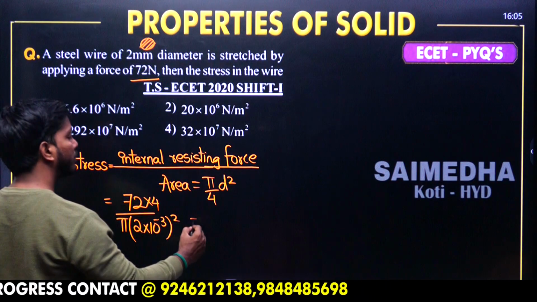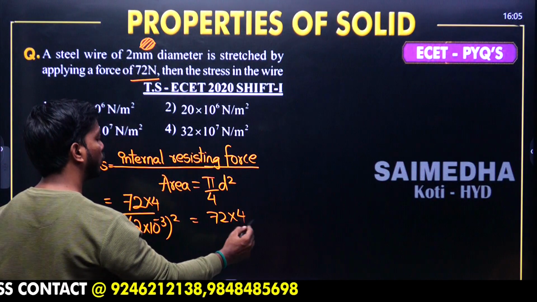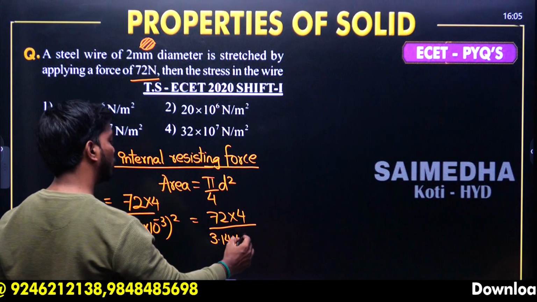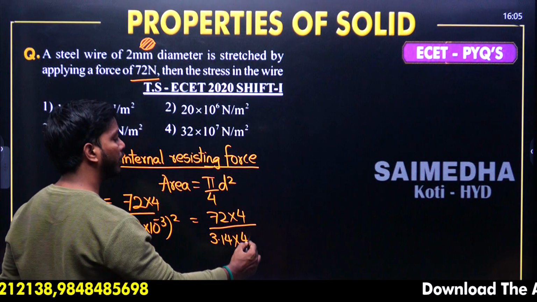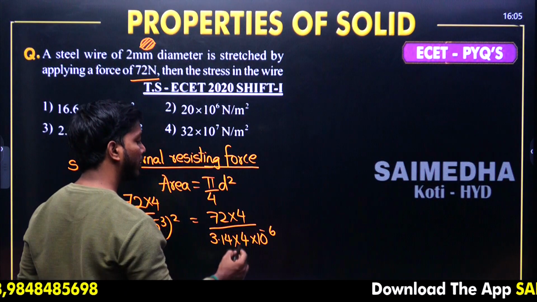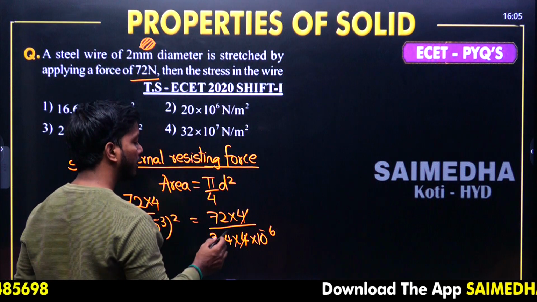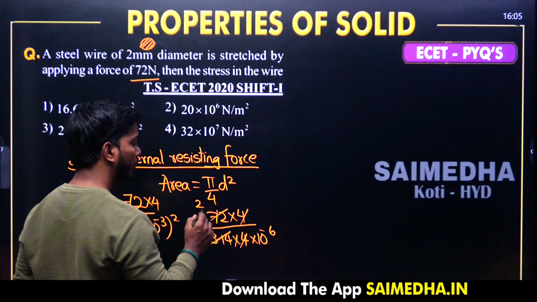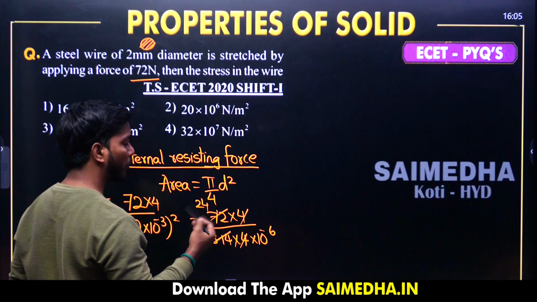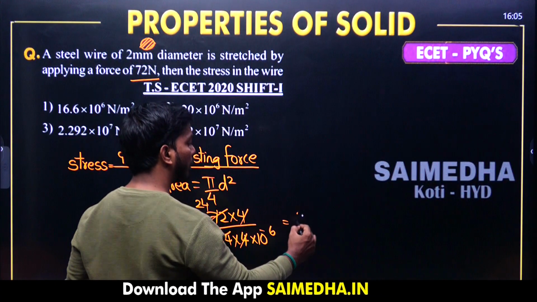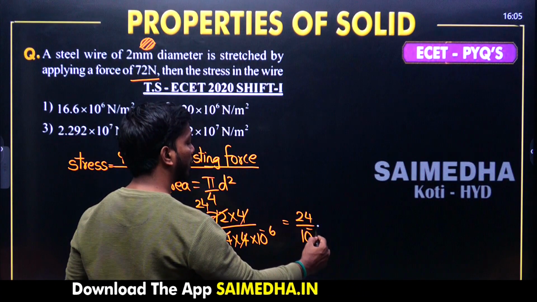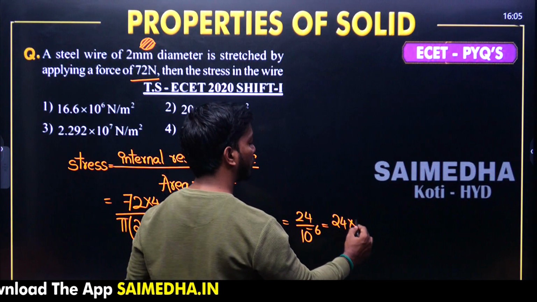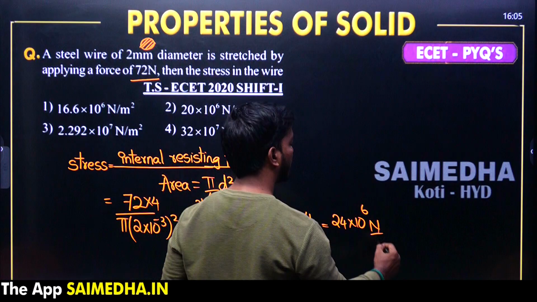Now we can say this is 72 times 4 divided by approximately 3.14 into 2 into 10 to the power of minus 3 squared, which will become 4 into 10 to the power of minus 6. This 4 gets cancelled. 3 1s are 3, 3 2s are 6, 1 is remaining, 3 4s are 12, so 24 approximate value I am writing. So this is going to become 24 divided by 10 to the power of minus 6, that can be written as 24 into 10 to the power of 6 Newton per meter square.